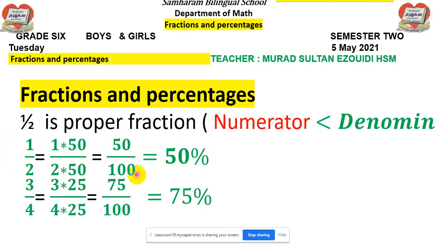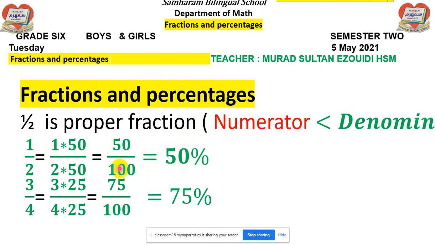From where does 100 come? Because I will multiply this by a number so the answer should give 100. So I will multiply 2 by 50 and the numerator 1 by 50. 1 by 50 is 50, 2 by 50 is 100. So 50 divided by 100 is equal to 50%. So we convert a fraction to a percentage, and vice versa also is correct.